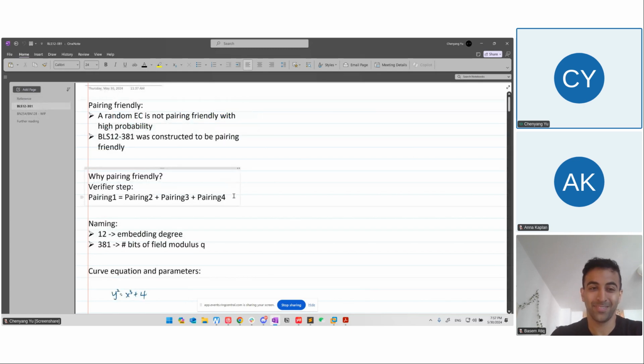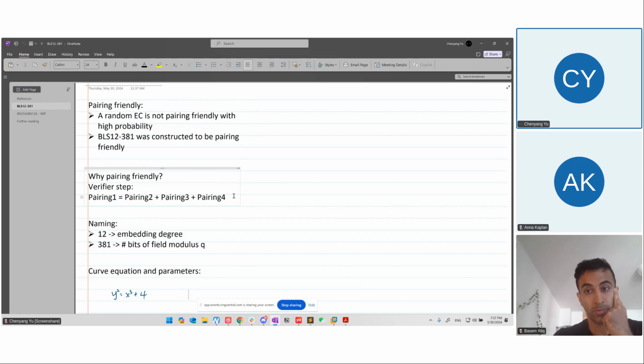Let's go over some facts about the BLS curve. This curve was designed to be a pairing-friendly curve. Of course we can have many elliptic curves, but to be pairing-friendly, you have to specifically construct it. So this curve is an artificially constructed curve just to do pairing.